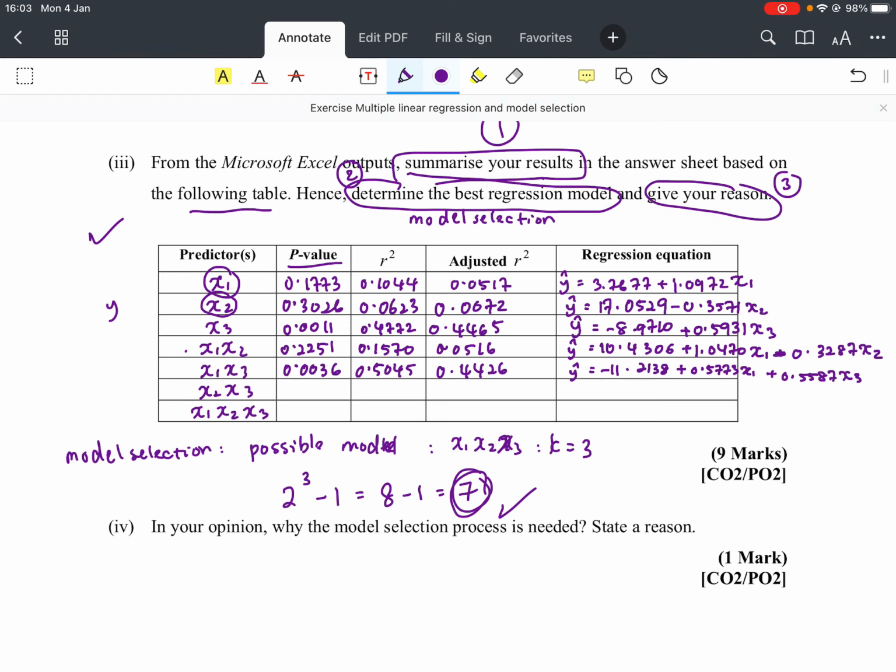Okay, for the X2 and X3, p-value, r square, adjusted r square, equation, and the last one is for X1, X2, and X3.